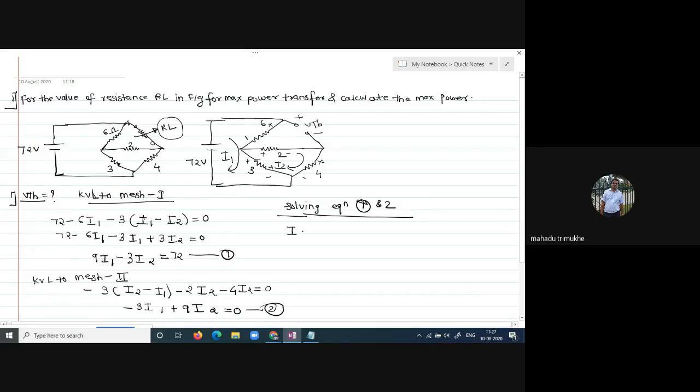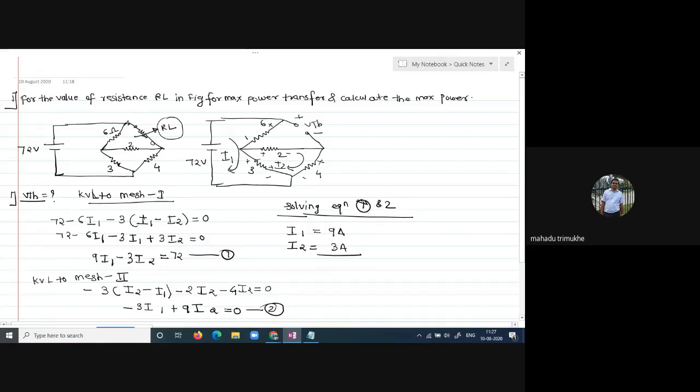Tell me. I1 is 9 ampere and I2 is 3 ampere. Yes, exactly.